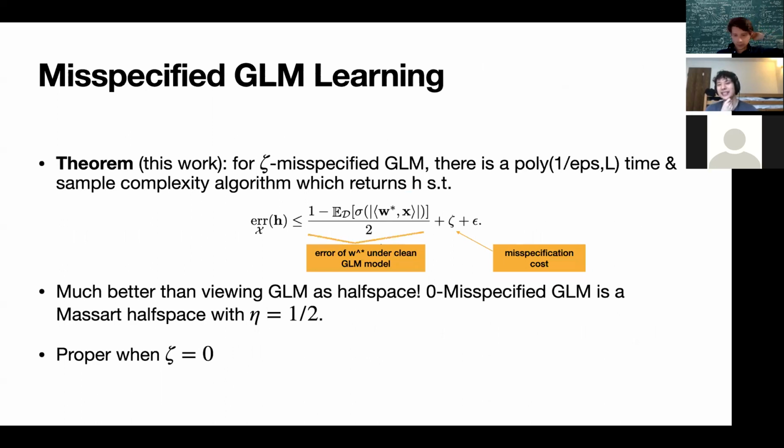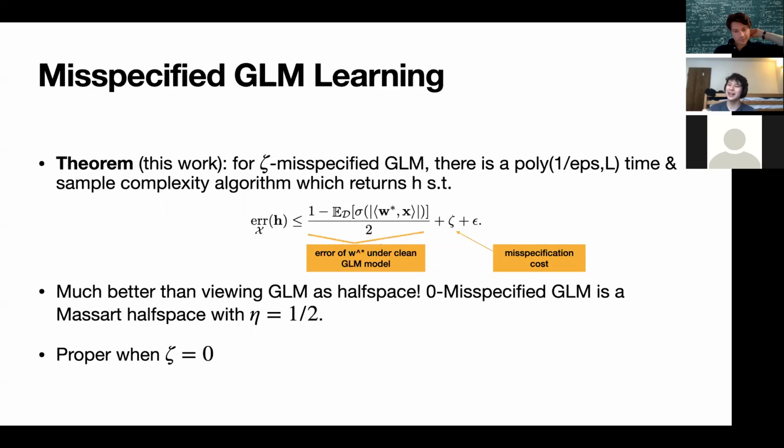Basically, we prove a generalization of this eta plus epsilon learning guarantee for this setting. How to interpret this? We consider arbitrary zeta. We'll get two terms on the right-hand side. One is the error of W star under the clean GLM model, so no adversary involved, and that's analogous to eta.